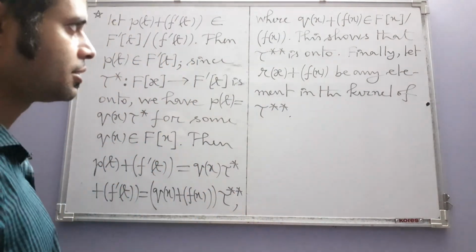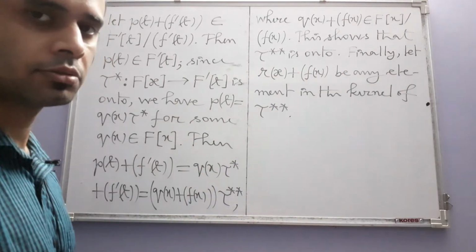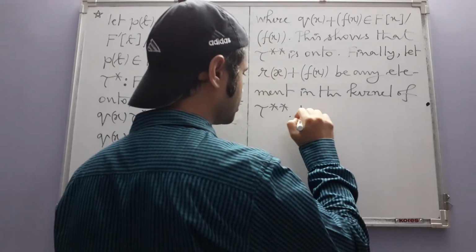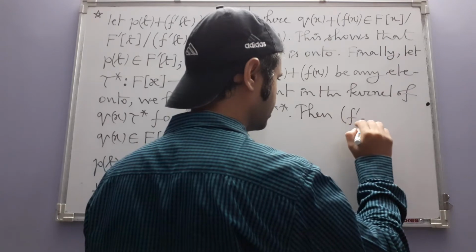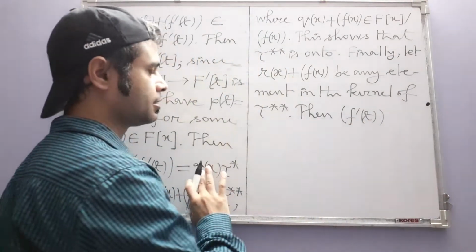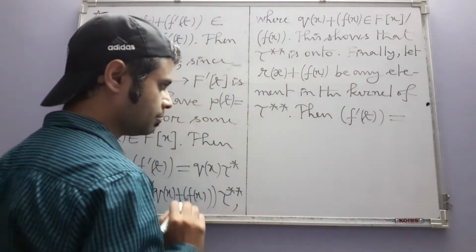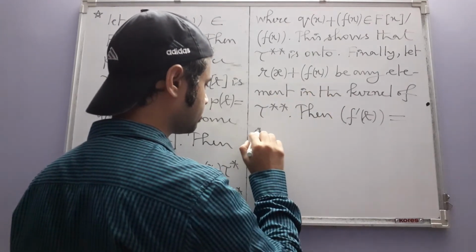Then its tau double star image should be the zero element of the second quotient ring, and the zero element of the second quotient ring is what? The ideal generated by f prime t. That is the ideal which is giving us the second quotient ring. That is the zero element. That should be equal to the tau double star image of this.